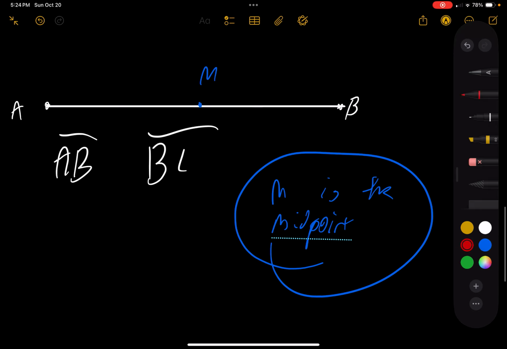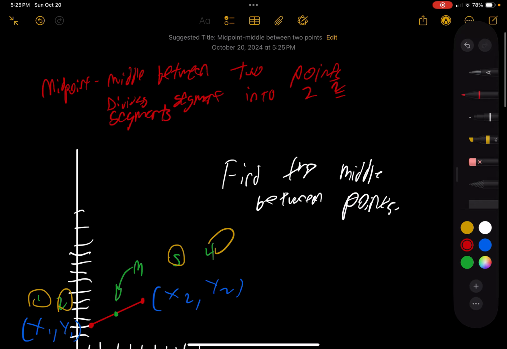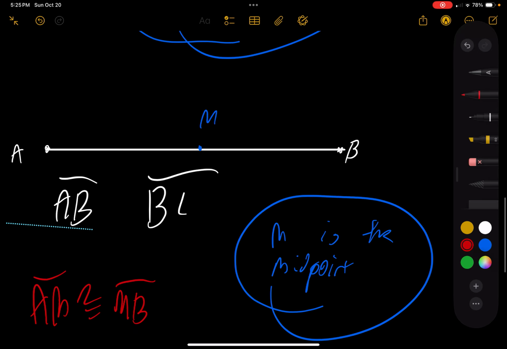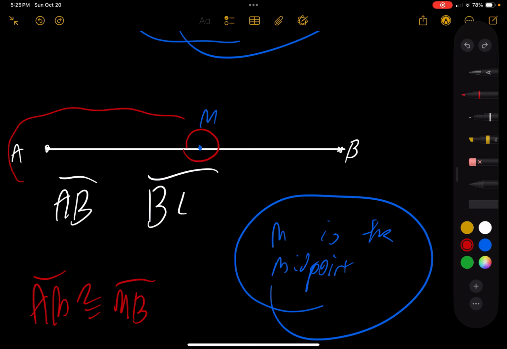We can conclude AM is congruent to MB. And why can we conclude this? This is because of the definition of a midpoint. A midpoint divides a line segment into 2 congruent segments. So we have our midpoint and we have our 2 congruent segments, AM and MB.